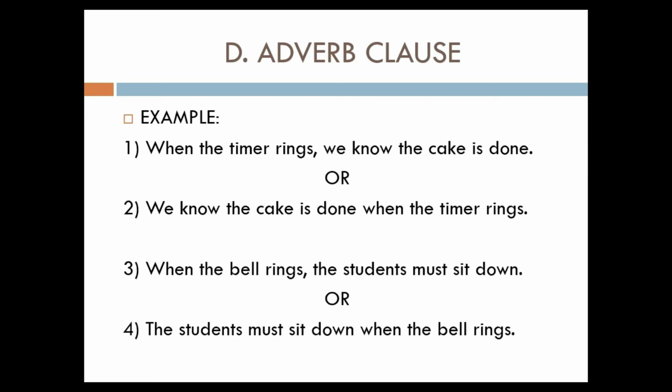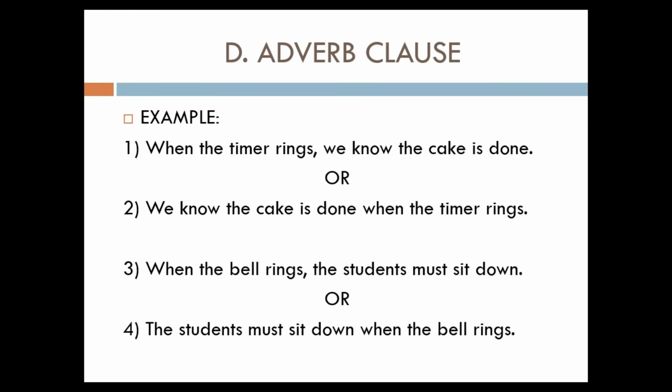Number 1. When the timer rings, we know the cake is done. There is a comma in the first sentence. When the timer rings, comma, we know the cake is done.